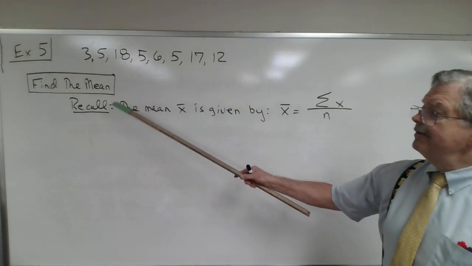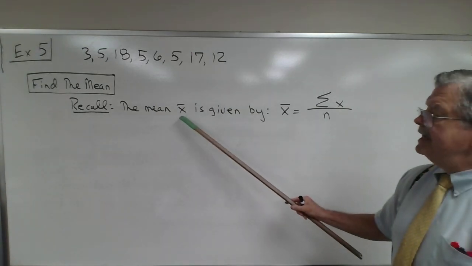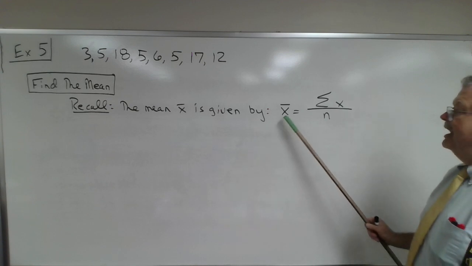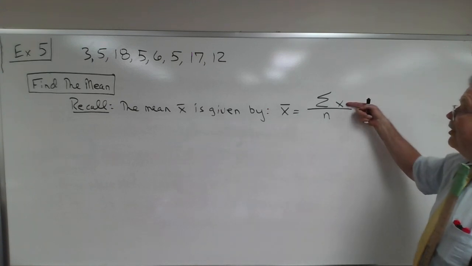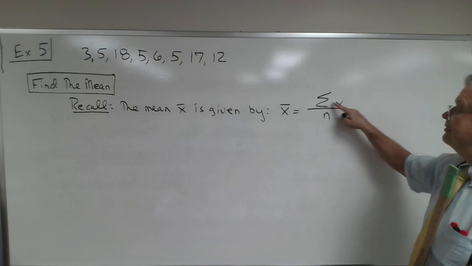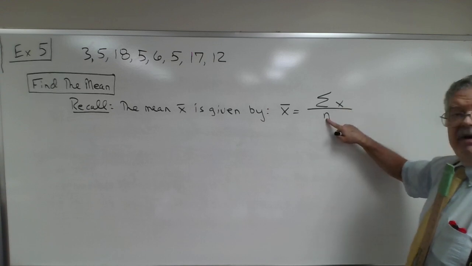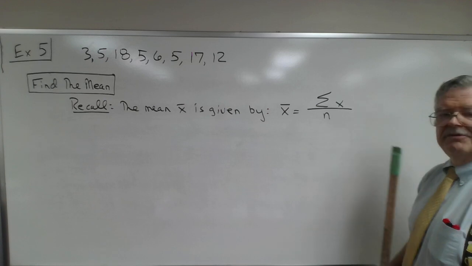First on the agenda, find the mean, and recall that the mean, denoted by x bar, is given by x bar equals the sum of all the data values. Remember, this is a summation sign. It tells us we're going to add up all the data values, divided by n, the number of data values.